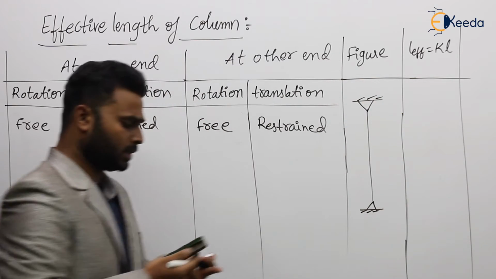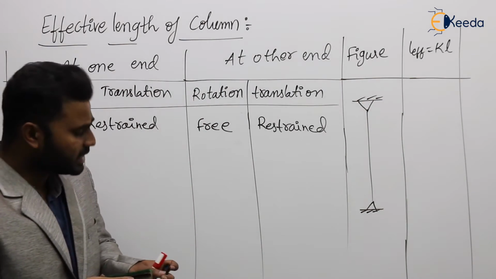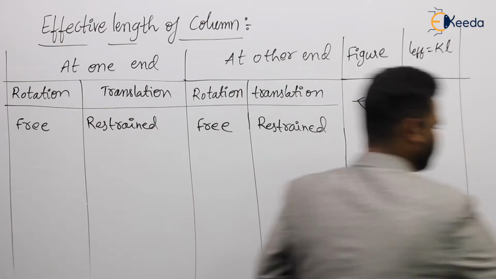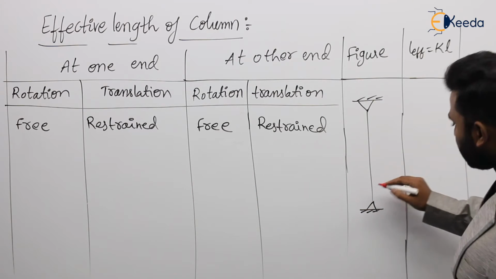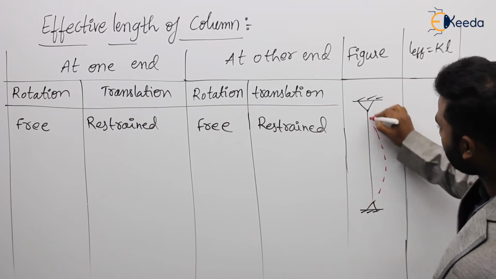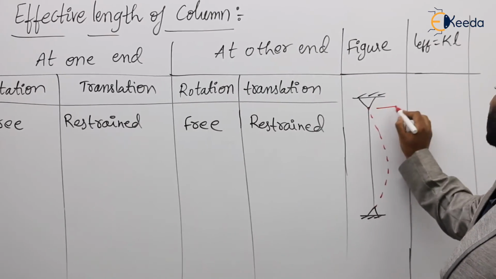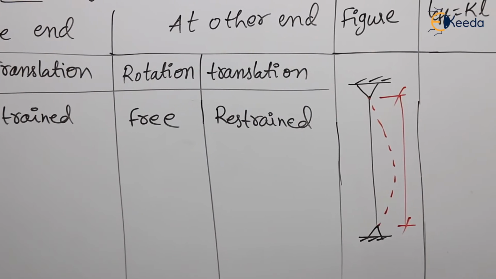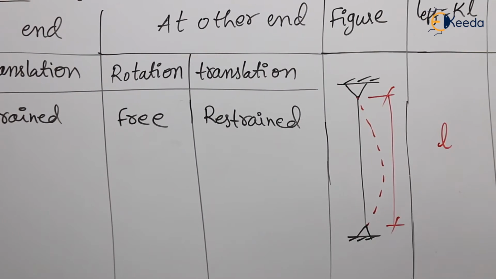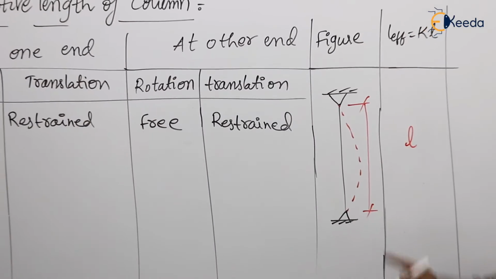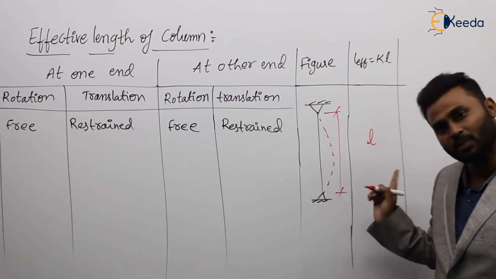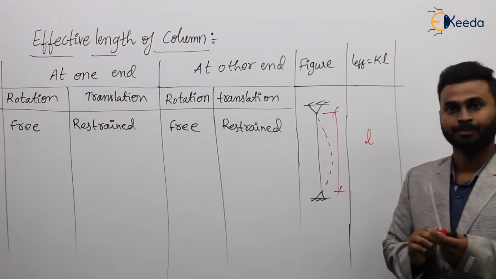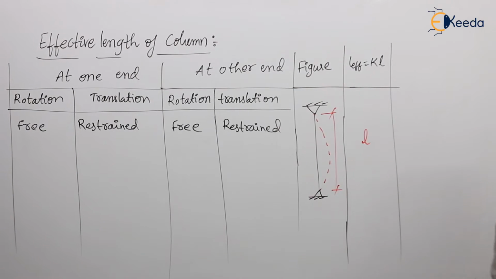Now what is the elastic curve for this case? If you observe, the elastic curve is simply like this. There is no change in curvature. So obviously the clear length in this case is L effective. So this is simply L. So L effective in this case, where both ends are hinged, is simply L. Okay. Next.